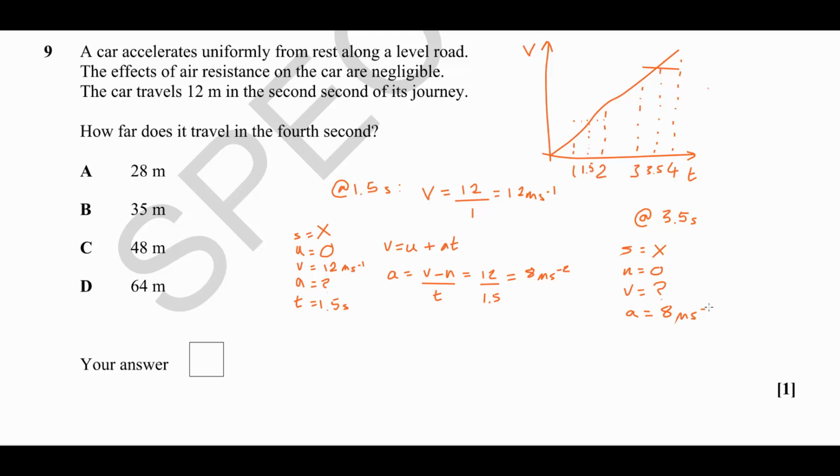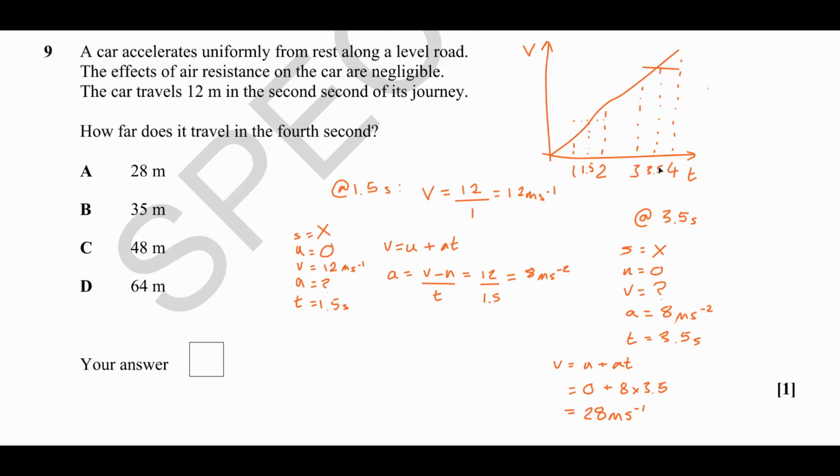And the time we're interested in is 3.5 seconds. Now again, we can use v equals u plus at. u is 0, a is 8, and t is 3.5. And that will give us a velocity of 28 meters per second.